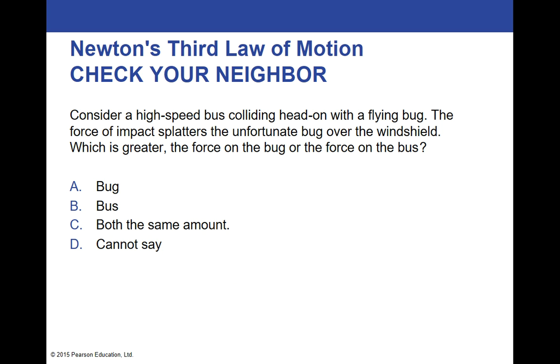Now we consider an even stranger comparison of masses. We consider a high-speed bus colliding head-on with a bug. We know that the force splatters the bug, and we want to know which is greater, the force on the bug or the force on the bus.